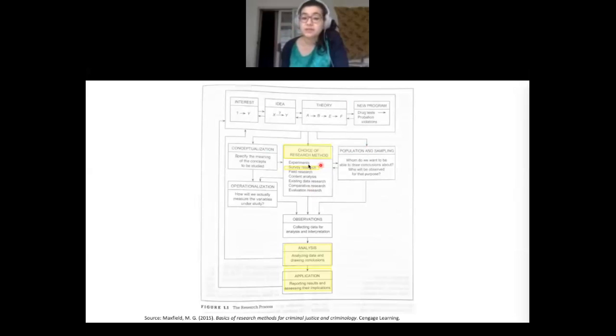And so we talked about experiments and how they're really good at doing that. And now we're going to talk about survey research, which, like I said, is very popular in its use and also can be pretty quantitative, and has a unique role in that sometimes it can help us actually count everyone in a specific population. And of course, we're always going to be talking about analysis and application as well.